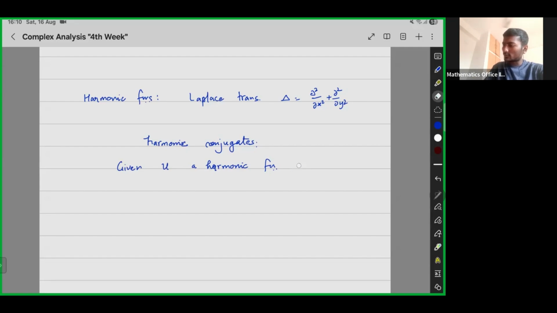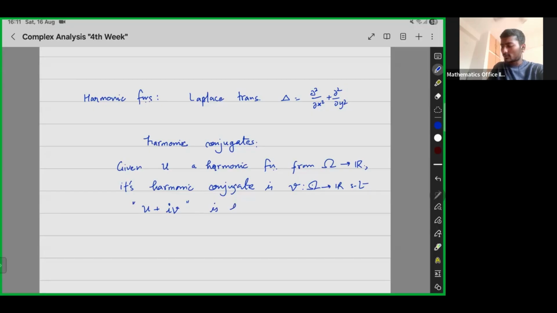Its harmonic conjugate is defined this way: v from omega to R, such that u plus iv becomes holomorphic on omega. So this was the harmonic conjugate.